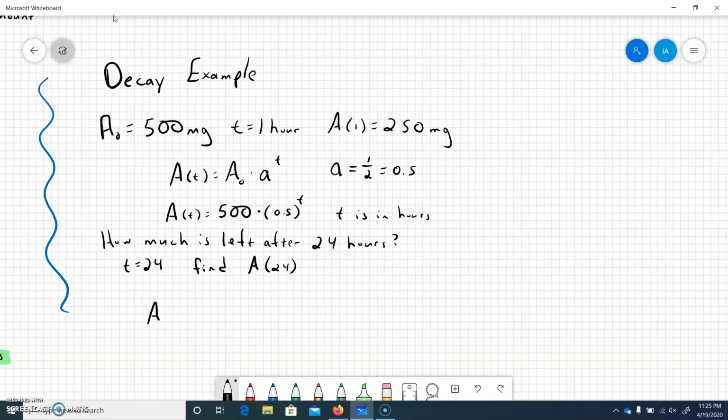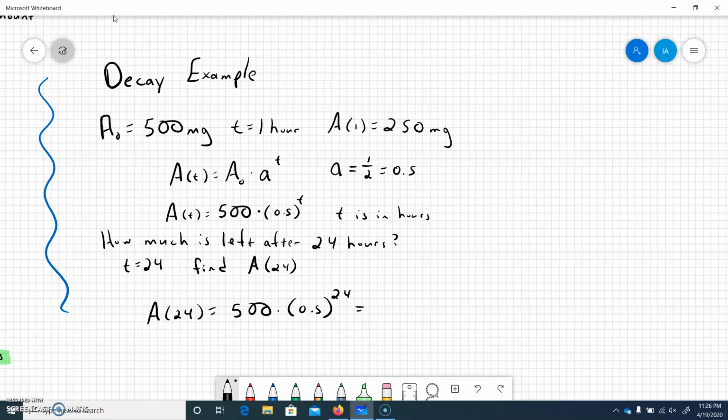So let's do that. A of 24 equals, we started with 500, taking half of it over and over and over for 24 times. How much do we think will be left? Will it be much at all? Wow. Cutting in half really killed it.